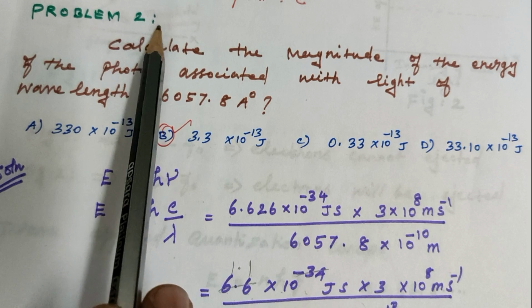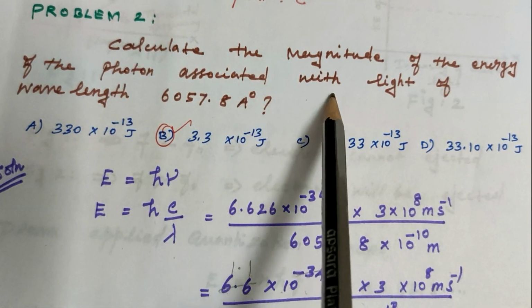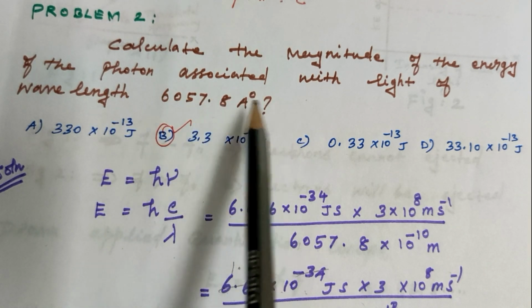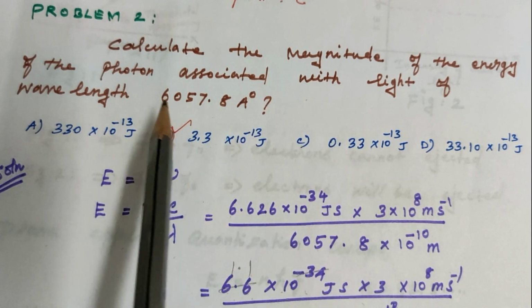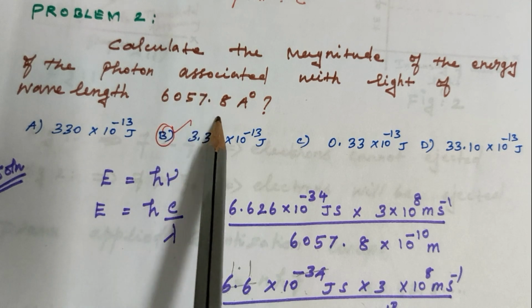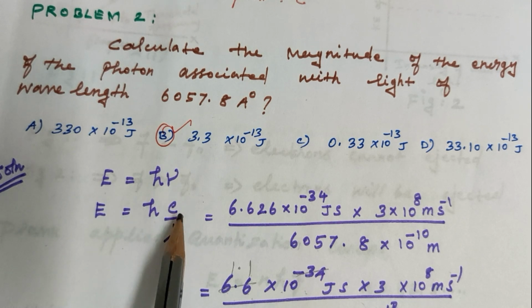Next, problem number 2. Calculate the magnitude of the energy of the photon associated with light of wavelength 6057.8 Angstrom. The four options are given. The question asks for energy, and the wavelength is given. The formula is E is equal to h nu, E is equal to h into c upon lambda.